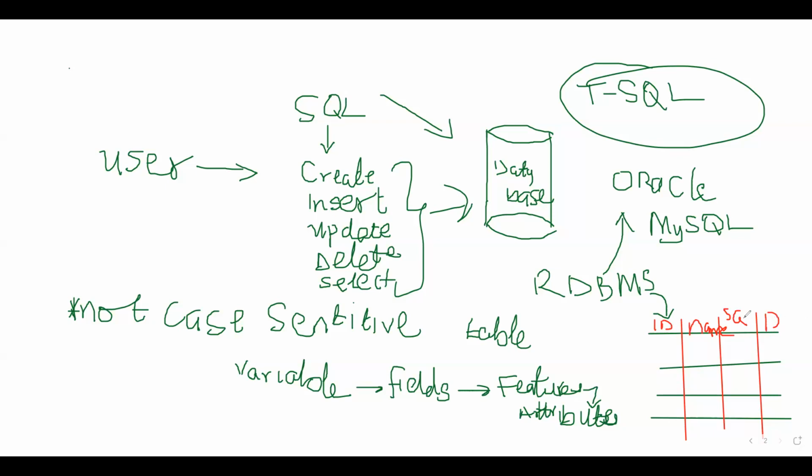So when you look at this, these are the attributes. These four things are the attributes. They are the fields in a table. And you can also call them column names. So this table has 4 columns.